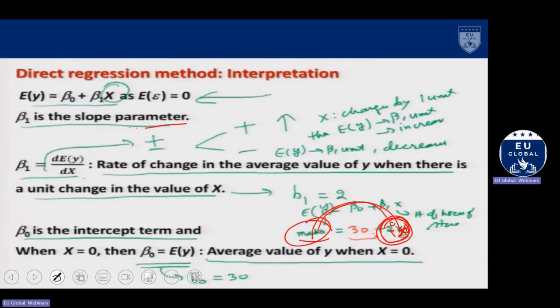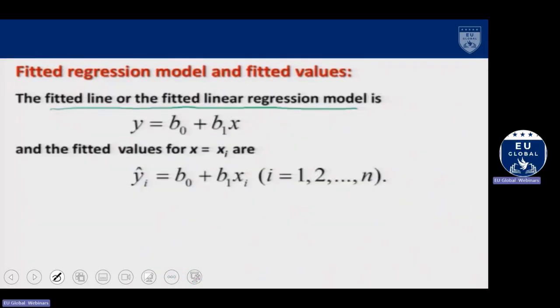And in this, if we take beta 1 as 0, then even if there is no change in the value of x, marks will always be 30 in that case. So the best fitted line here means y is equal to b naught plus beta 1 x, and y hat, which is your fitted line, is equal to b naught plus beta 1 xi.